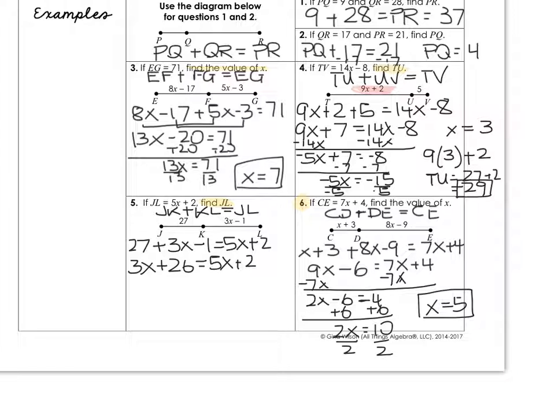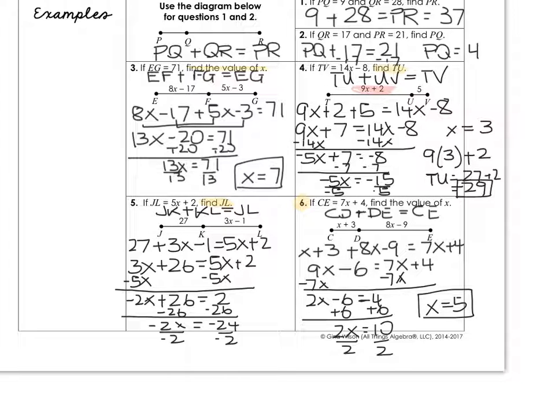I would just move x's to the left. It does not matter which; you could always subtract 3x from both sides instead. Then subtract 26 and divide by negative 2. So you get x equals 12.